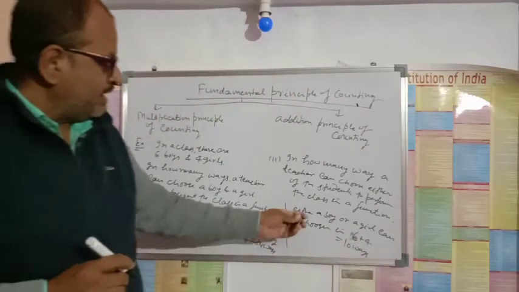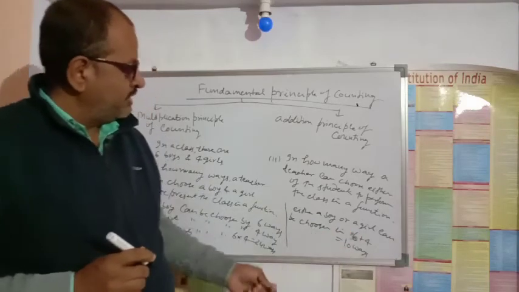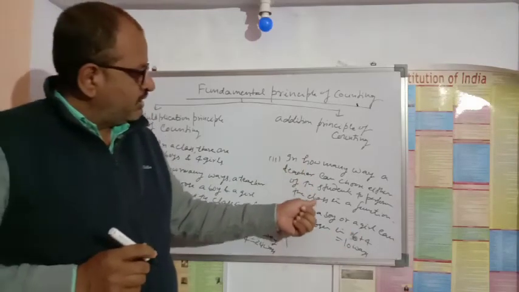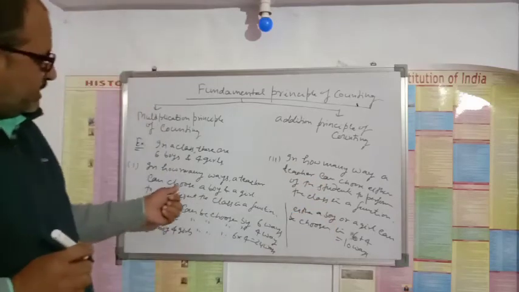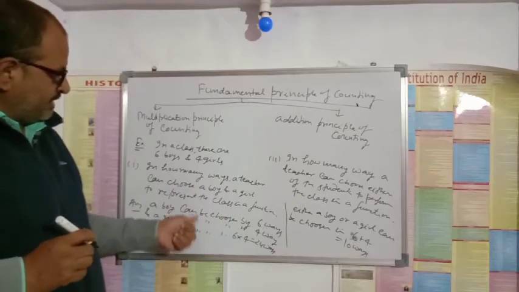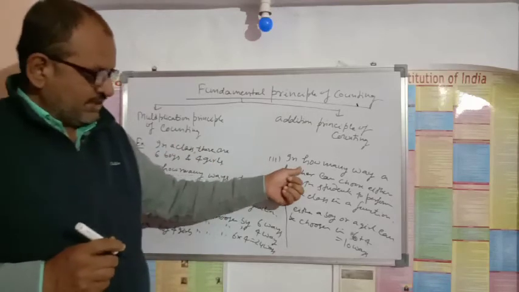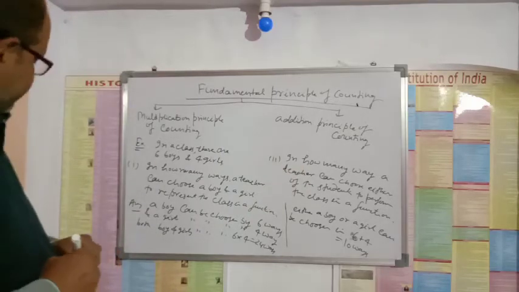Either a boy or a girl can be chosen in 6 plus 4, 10 ways. Because only one teacher will select only one, either a boy or a girl. But here he has to select both a boy and a girl. So here we will apply the multiplication principle of counting. In the second part we will use addition principle of counting.